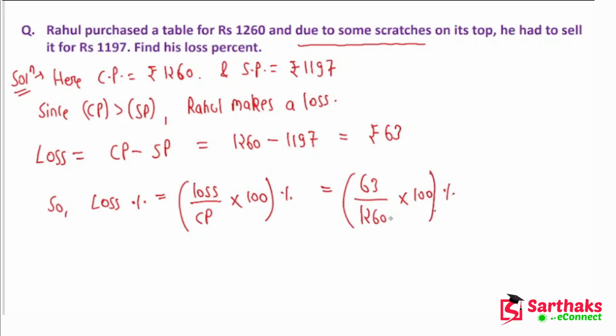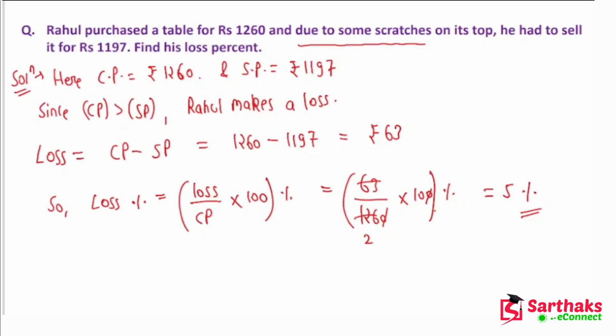If you calculate it, you cancel out 0 with 0, it will cancel out 2 times, and 10 by 2 is equal to 5%. So he is making a loss of just 5%. Okay, so that was all about what is profit, loss percentage, and gain percentage.